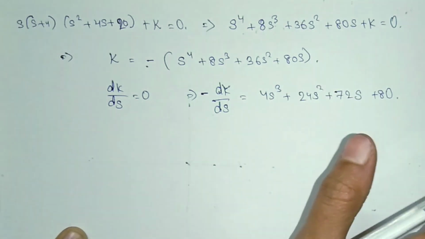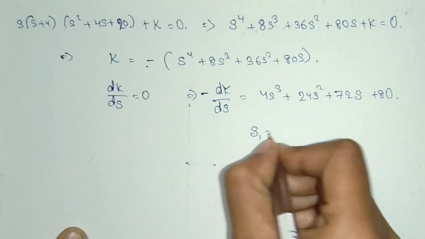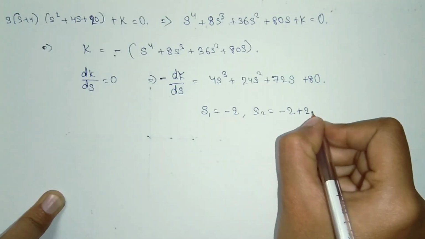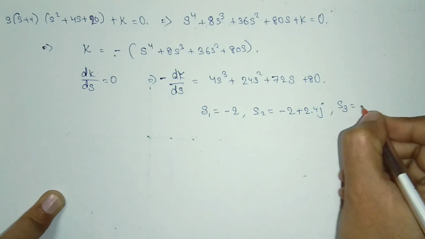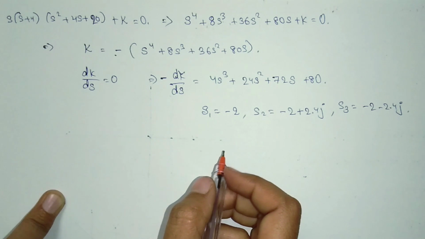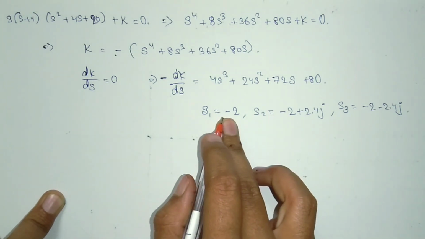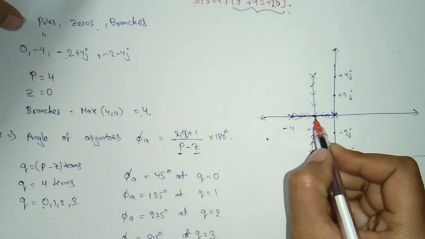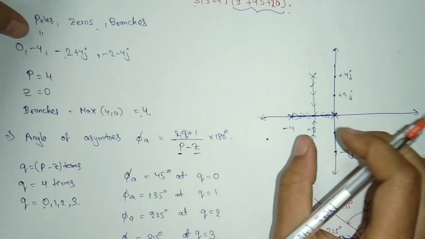By solving this equation we will get the roots s1 equal to minus 2, s2 equal to minus 2 plus 2.4j and s3 equal to minus 2 minus 2.4j. Here we can see that minus 2 is a point lying on this root locus, so this point is valid.